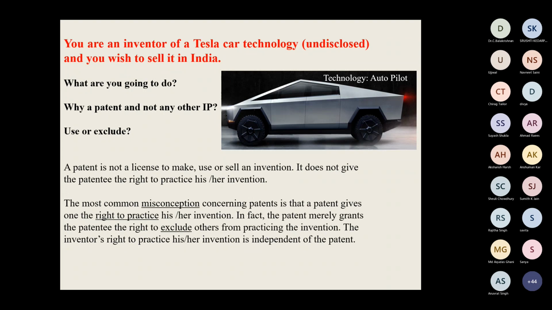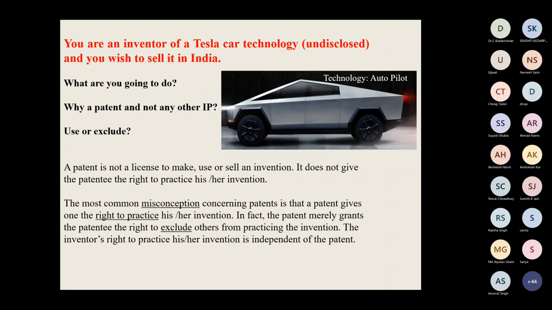I hope by now it is clear what the strategy should be of the person who wants to sell this car in India, right? The next question is, why a patent and not any other IP? For this, you need to have a basic understanding of all the IPs, what areas they deal with, and what area is concerned with patents.